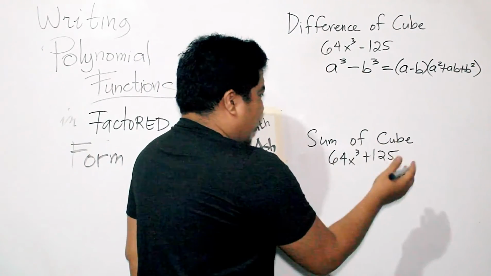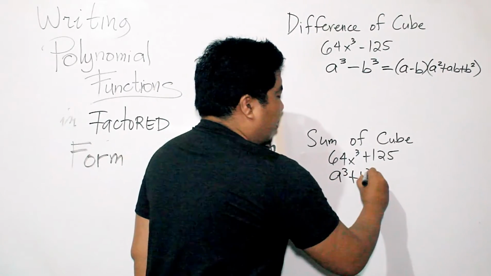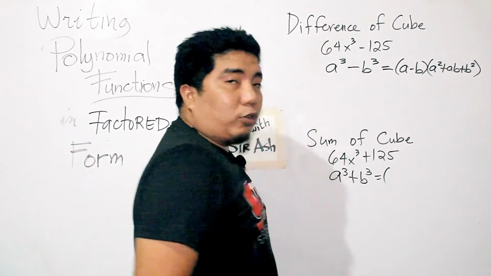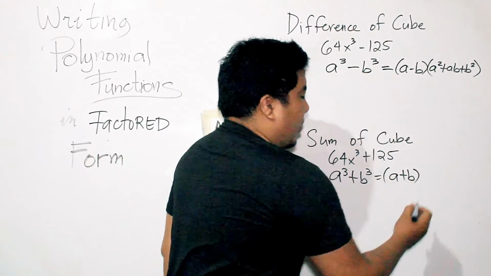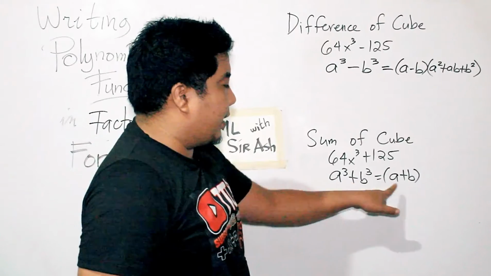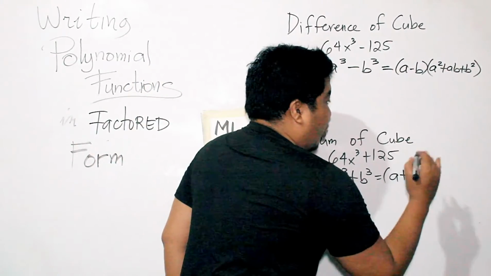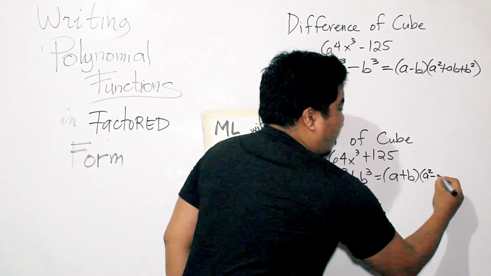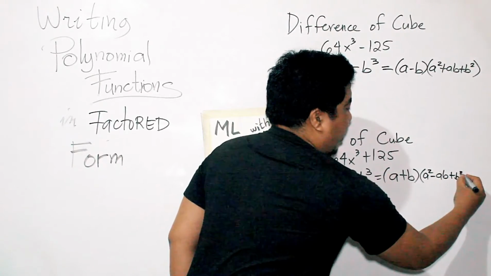While in the sum of two cubes, a cubed plus b cubed, you get the first binomial, and the sign of that binomial is the same as the given, the sum, and your trinomial is a squared minus ab plus b squared.